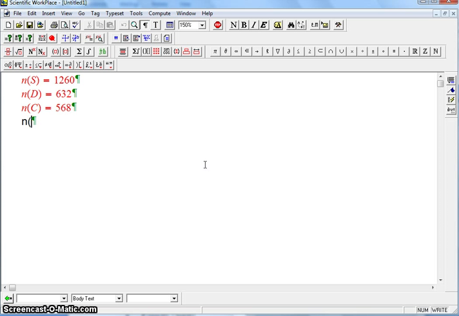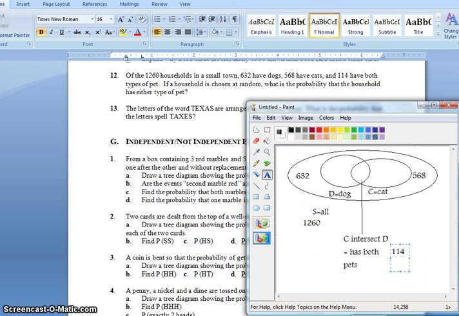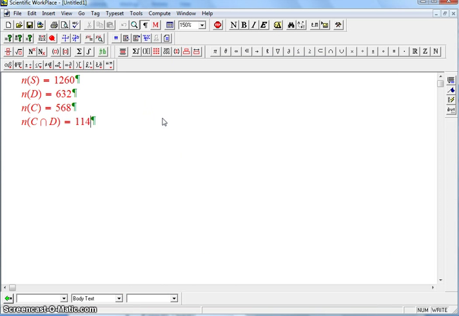And the number of intersecting. I couldn't use this very convenient symbol in Paint, because I didn't want to go to the trouble. Now let's check that. I think I had the right numbers on Paint here. Okay, 632, 568, 114. Okay. So that's all the relevant numbers.